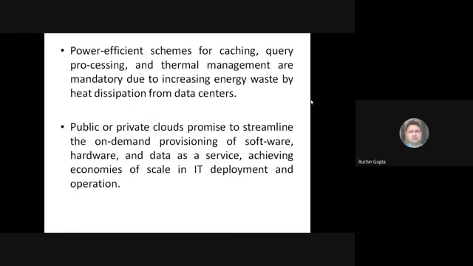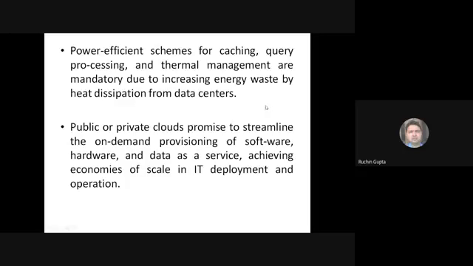Other things which can be done are power efficient schemes for caching. Caching is a mechanism which stores your recently accessed data, and if you need the same data again and again, it can be retrieved from the cache. There may also be schemes for query processing and thermal management, which are mandatory in data centers.